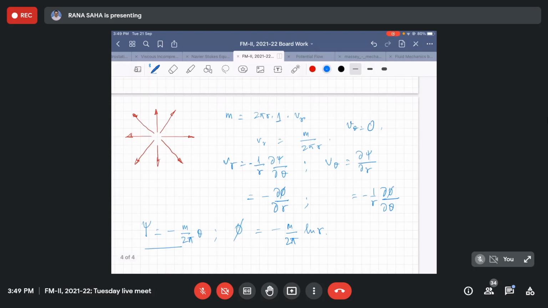If you start this as a reference where psi equals 0, it will be psi 1, psi 2, like that. And the velocity potential lines, or the equipotential lines, will be concentric circles like this.